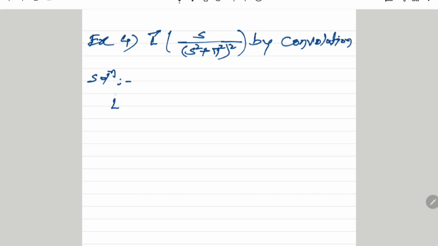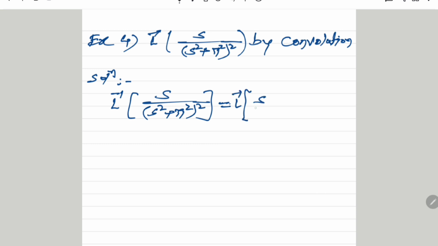Therefore, first step we rewrite that term s upon s square plus pi square and whole square as inverse Laplace of s divided by s square plus pi square, and again 1 upon s square plus pi square.